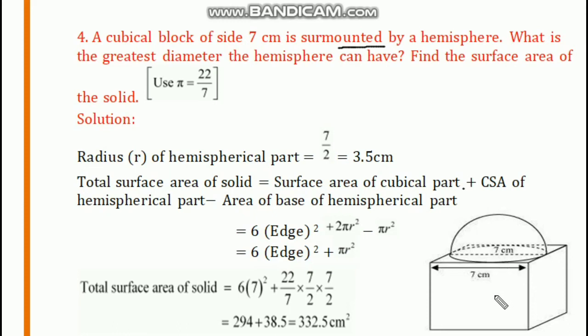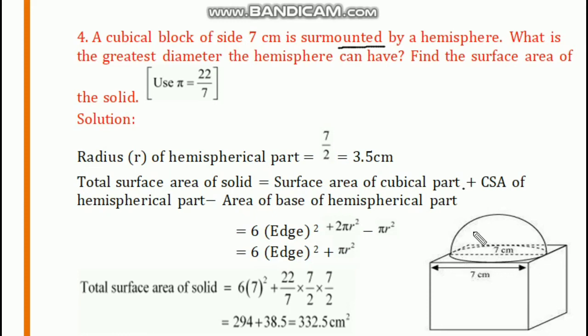Actually here we need to find the surface area of the solid, meaning total surface area. So for this, first we need to find the total surface area of the cube. Thereafter we need to find the surface area of the hemisphere. Thereafter we need to subtract the base area of the hemisphere. Why are we taking the total surface area of the cube?